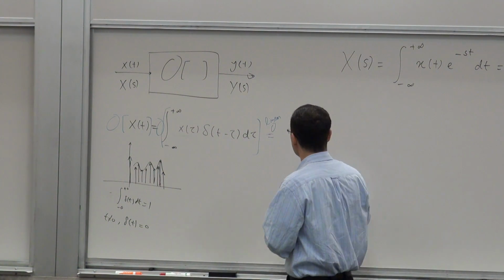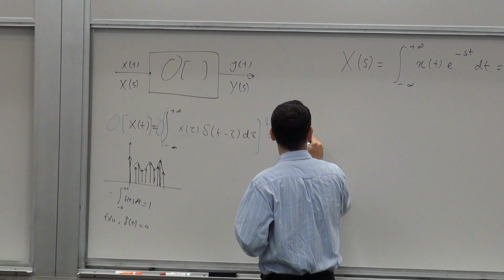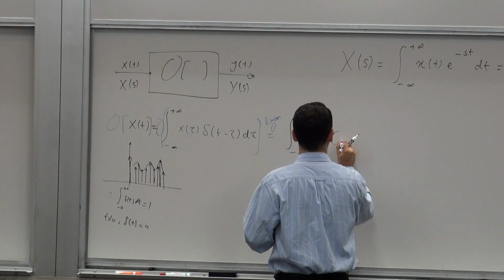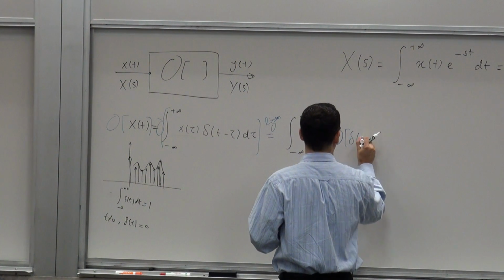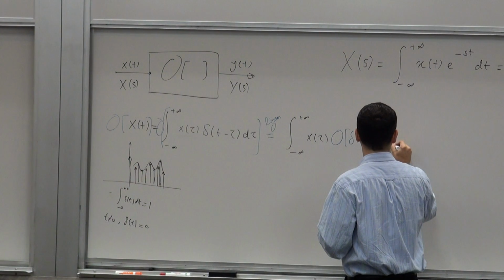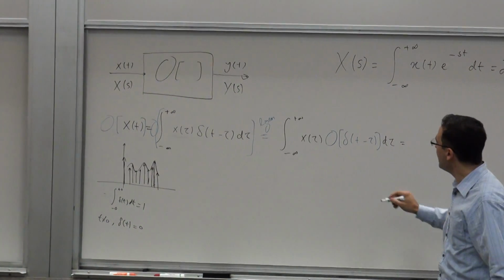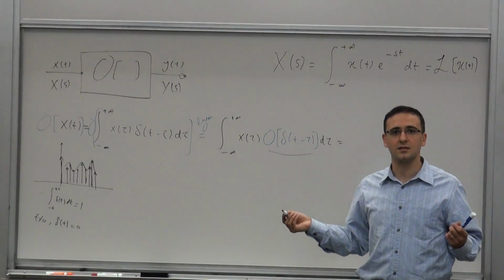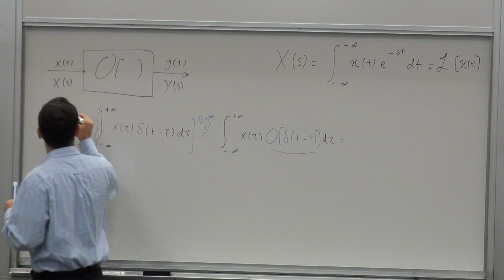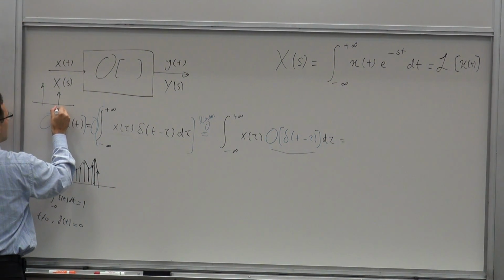So you can just write this instead as the integral from minus infinity to plus infinity of x of tau, the operator operating on the delta of t minus tau, d tau. And this, in general, is the response of the system to an impulse at time t equals tau. So this is the response of the system if you have an impulse at time t equals tau.